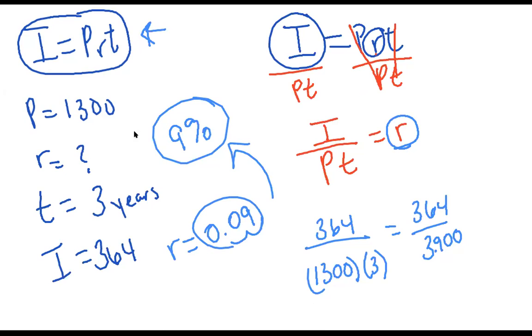Mr. G, what would you plug in to find out if the 9% would be right? So what you would do is put it back into your original formula and see if you get the same interest, right? So we can do 1300 times the 0.09 as your rate, and then times 3 years. Did you end up with 364 or something near 364?